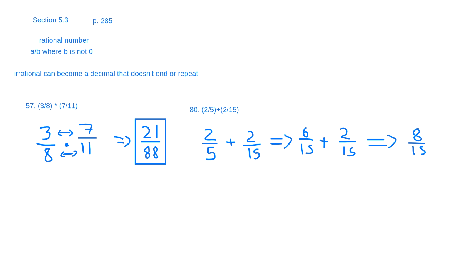Now, can this be simplified? We can divide the bottom by 3. That'll give us 5. But 8 divided by 3 is not going to be a whole number, so we can't do that. We can divide this by 2 and give us 4 on top, but 15 divided by 2 is not going to be a whole number either. So this is actually going to be the answer as well.